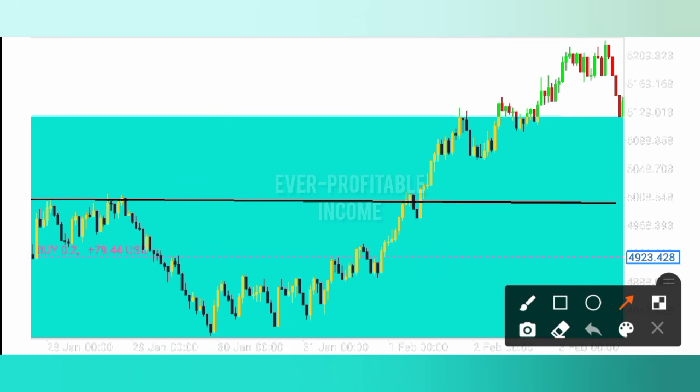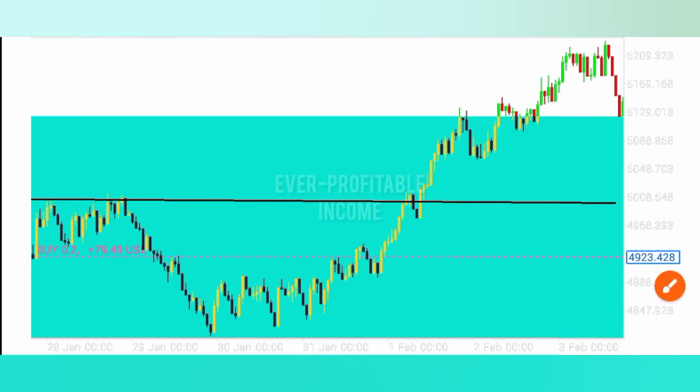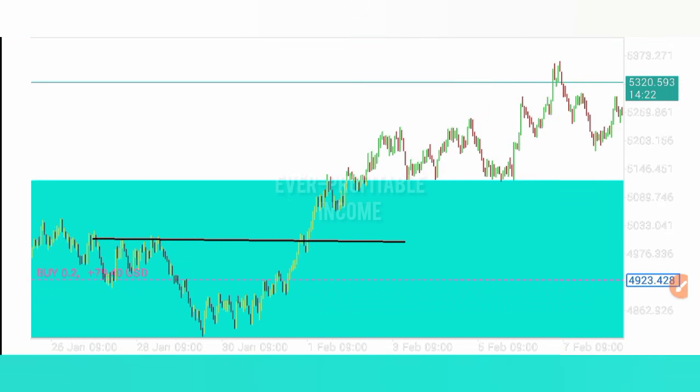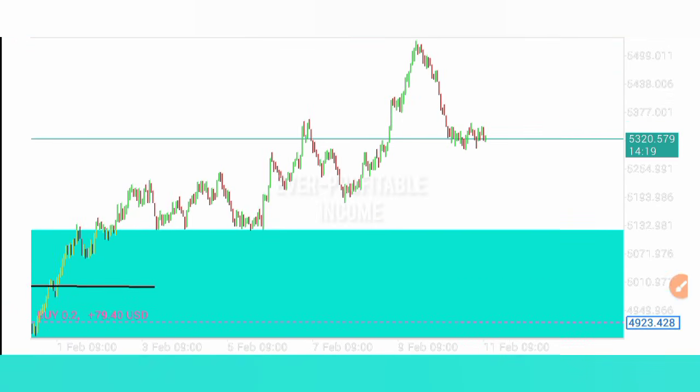After this retracement, I saw a large body candlestick right here, and that showed me there is high momentum, that buyers are stepping in big time. That's why I decided to go into the trade, and voila, you can see that it is profitable.